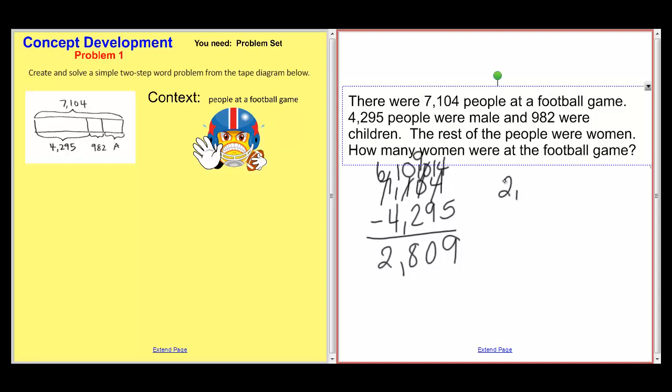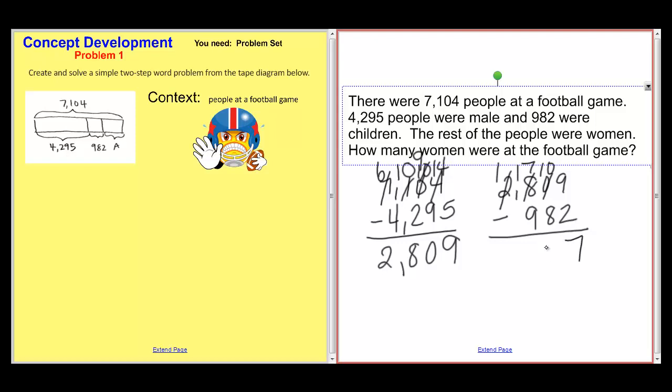Now I'm going to take my 2,809 and subtract how many were children, which is 982. I'm ready to subtract in the ones, but I'm not ready to subtract in the tens. I'm going to decompose 100, that leaves 7 hundreds, and that gives me 10 tens. I'm not ready to subtract in the hundreds, so I'm going to decompose 1,000, that leaves 1,000, now I have 17 hundreds.